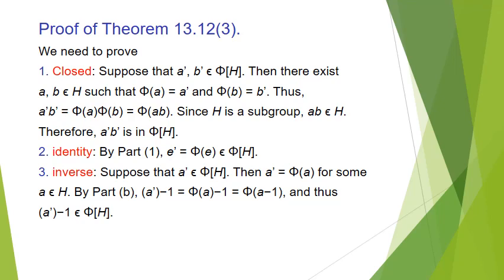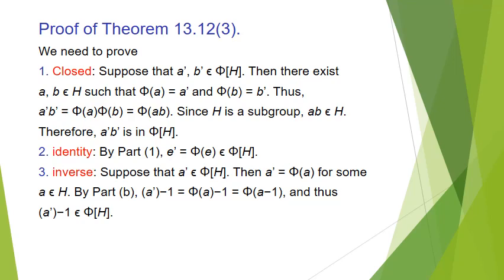Thus a prime b prime is equal to P(a) times P(b), which is equal to P(ab). Since H is a subgroup, ab is an element of H. Therefore, a prime b prime is in P(H). So it is closed.